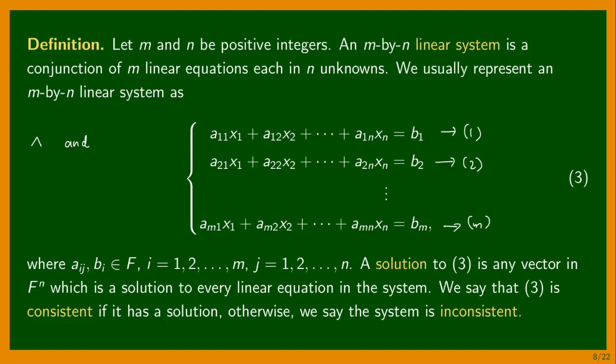And of course, a solution to this linear system is just a vector which is a solution to each one of these. As this is a conjunction, for that to be true, each of the component statements must be satisfied or must be true. We say that this system is consistent if it has at least one solution. Otherwise, if it doesn't have any solution, we say that the system is inconsistent.